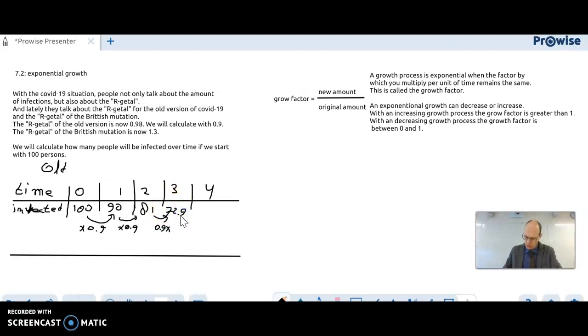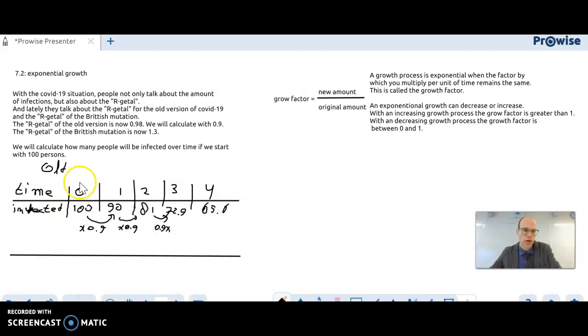Then we multiply by 0.9 as well, and you get 65.6. If you continue, you will see that it goes down and down and down. You get less and less and less, and in the end, you will get very close to 0. And that is what we want.